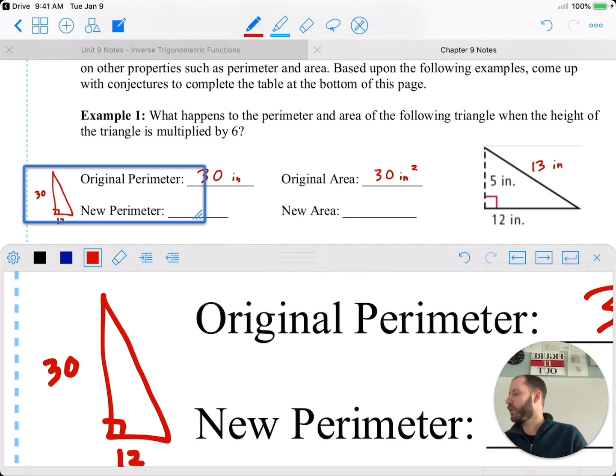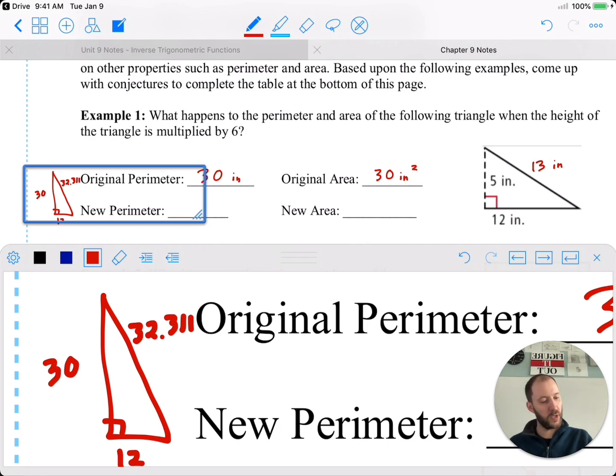And then real quick, I'll use Pythagorean theorem to find the hypotenuse. So square root of 12 squared plus 30 squared. Oh boy, so 32.311. So 32.311, add 30, add 12.